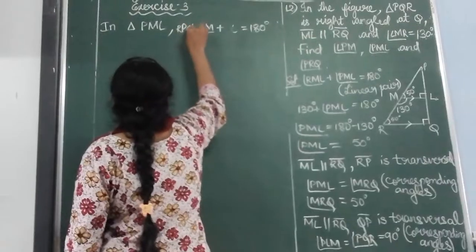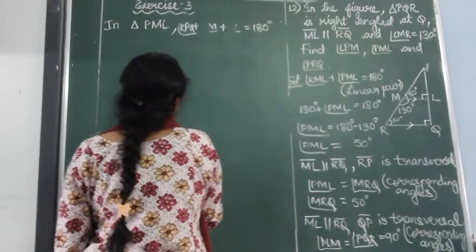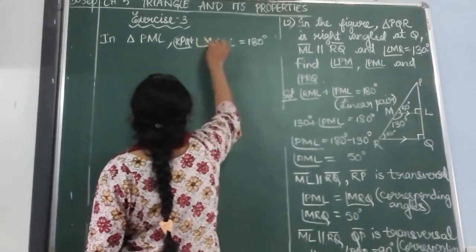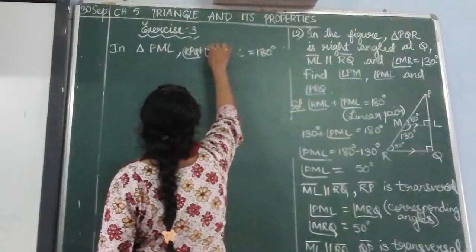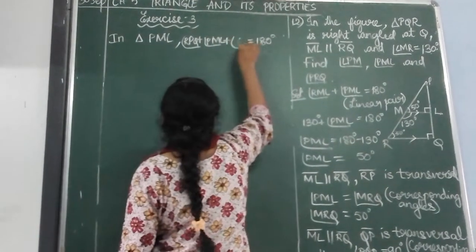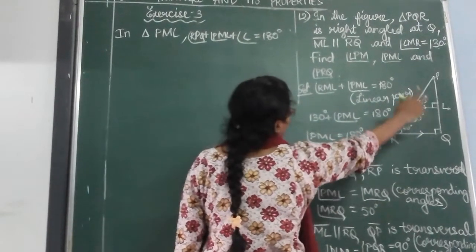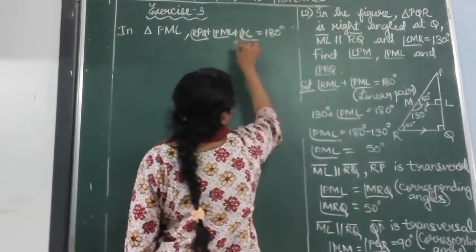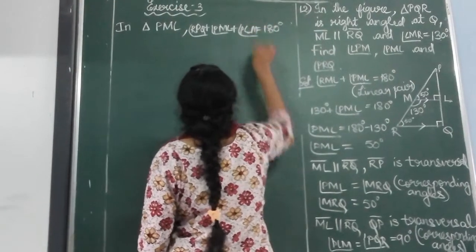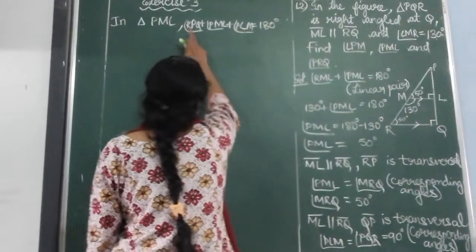P is here, so R, Q, P, then P, M, L. L is in the middle, so L should be in the middle: P, L, M. These are the things for which we have to substitute the values.